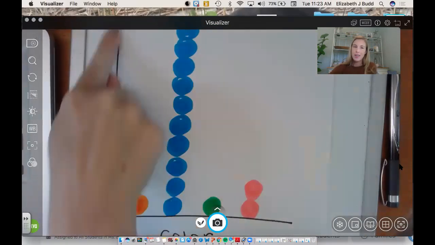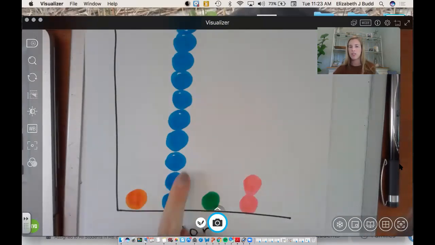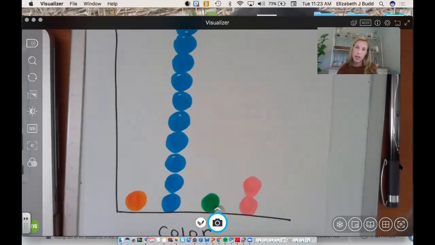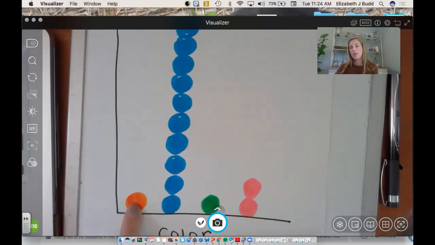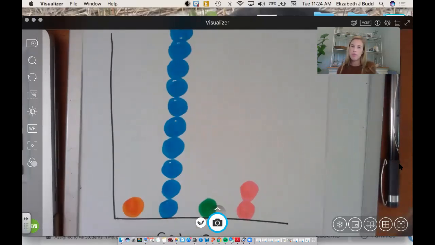I first drew my graph. Typically, graphs look like a big L. At the bottom, I labeled the color. This is what the pictures stand for on our pictograph: each circle equals 1 person that voted for that color. Then I went through and graphed our data. We only had 1 student that liked orange, so I drew 1 circle that was orange.